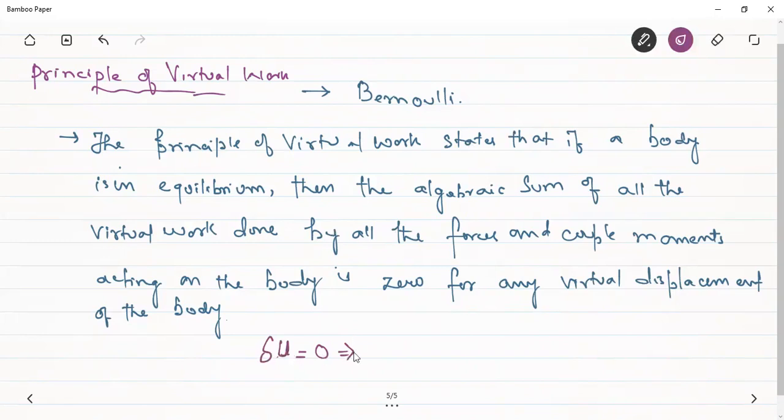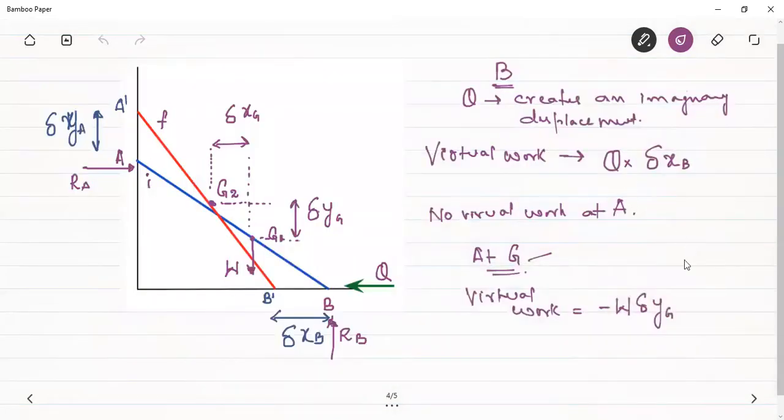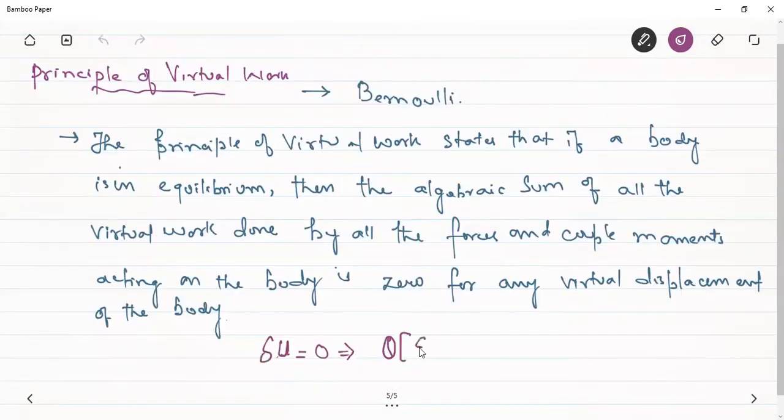So delta u has to be zero, and we had seen that there will be work due to this Q force, which will be equal to Q into delta xp. The virtual work was also done by the weight, although it was opposite to the displacement, and the displacement was equal to delta.